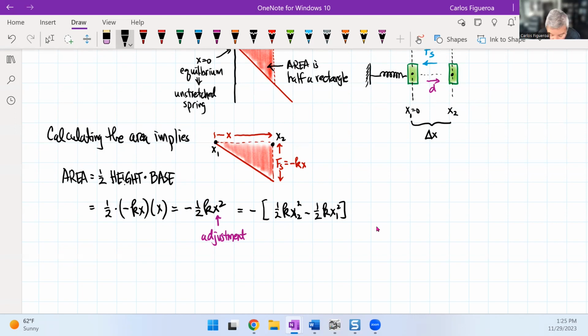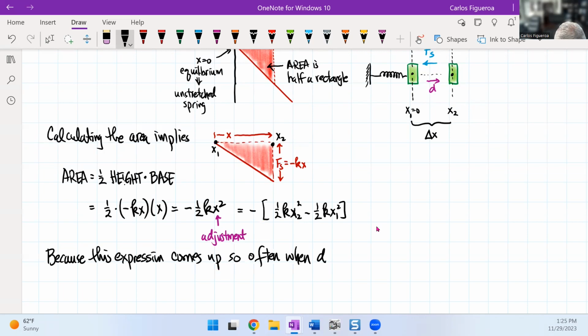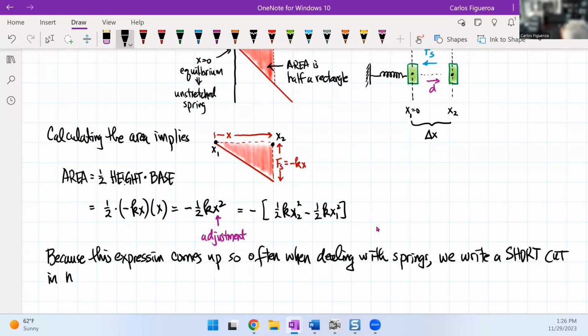Now, if I put this all together, because this expression comes up so often when dealing with springs, we write a shortcut in notation.